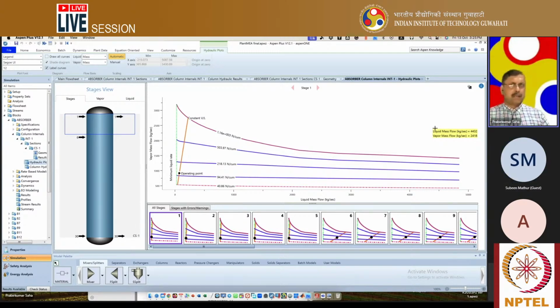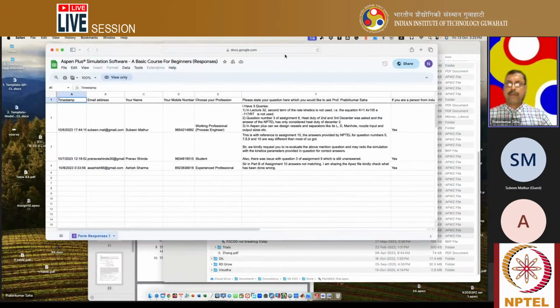But if you feel that it's very difficult to manage, then you have to divide it into 2 or 3 columns and run them in parallel, maybe 500 kg per second per column. Okay. Right.